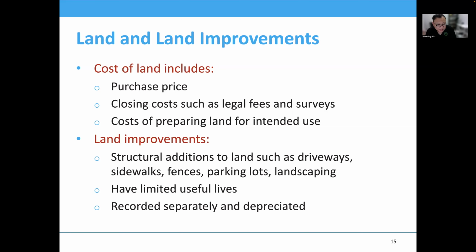Land improvement. So let's say you have a driveway, sidewalk, fences, parking lot, landscaping. This would all be considered as improvement, right? You are adding these structures to the land to make the land more accessible, to make it prettier with landscaping. Land improvements have a limited useful life.